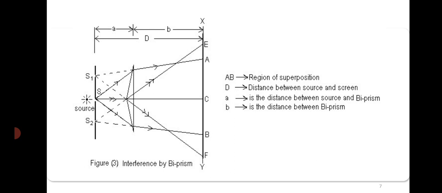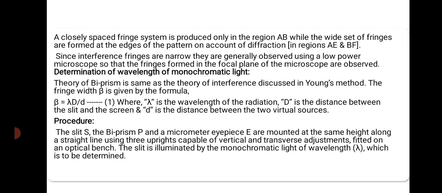This is interference by biprism. Here S is a source and S1 S2 are the two slits through which the wavefront passes, and XY is the screen. This is the figure for the interference by biprism.